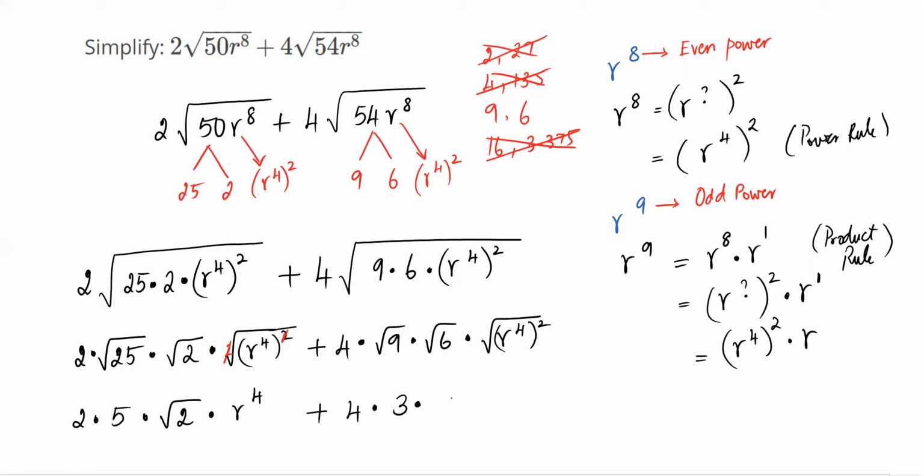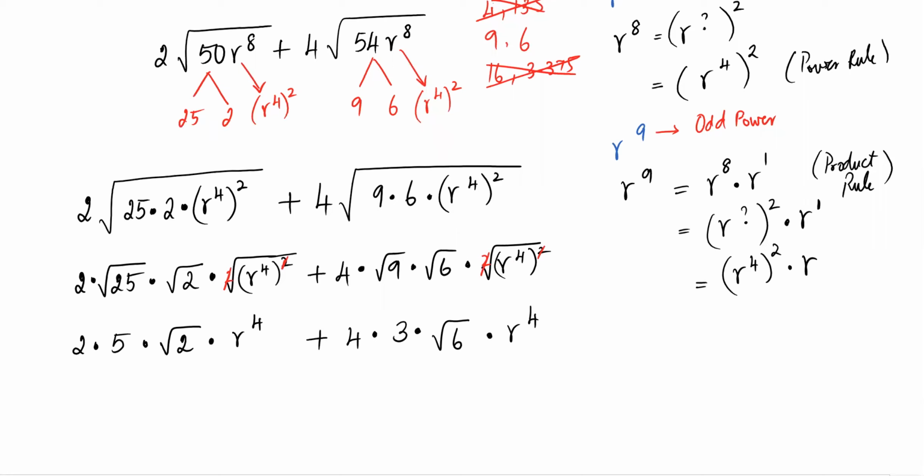Square root of 6, keep it as it is, times r power 4, for the root and the power will undo each other. Okay, that's going to be 10. I'll bring the r power 4.